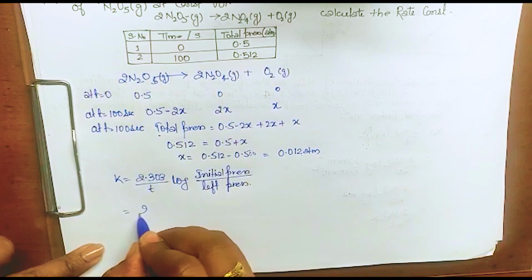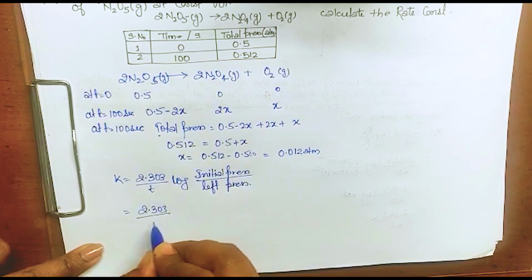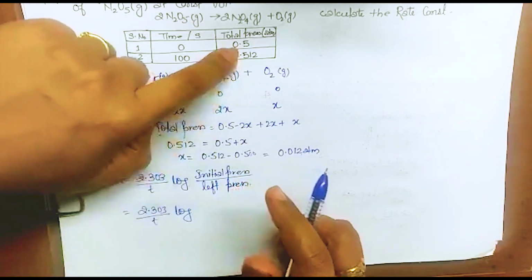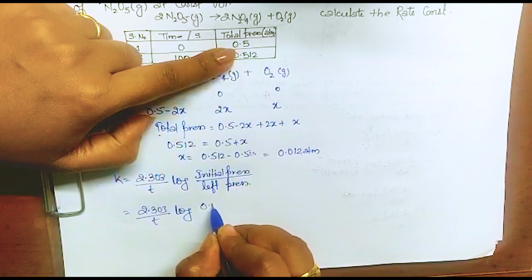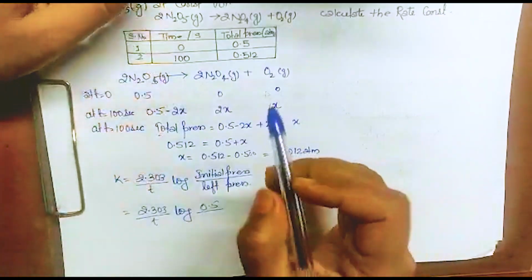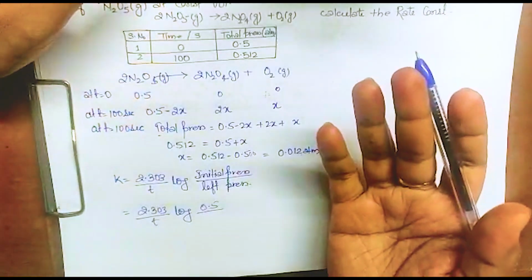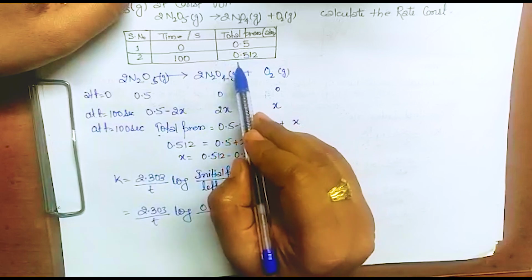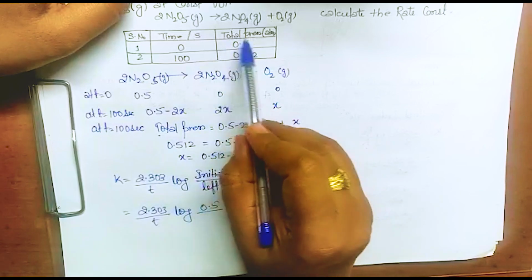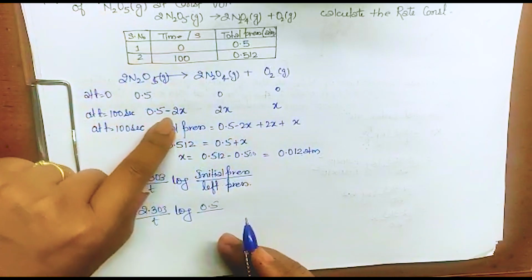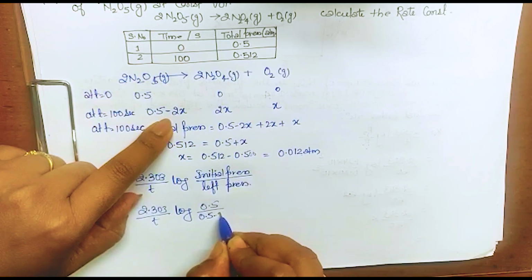So K is 2.303 upon t log of initial pressure, which is 0.5. Many of you can make a mistake with the left pressure. This is not the left pressure, my dear, this is the total pressure. The left pressure is 0.5 minus 2x.